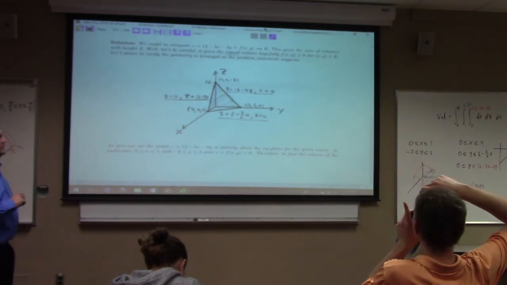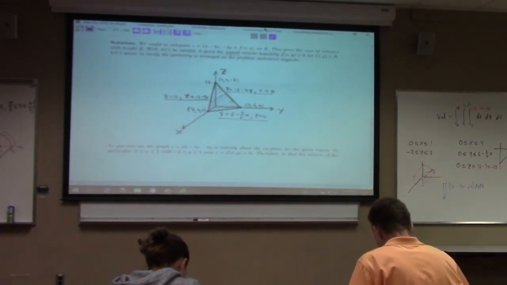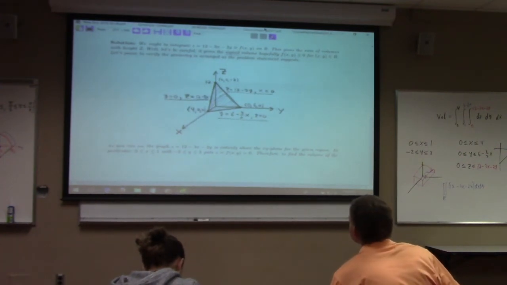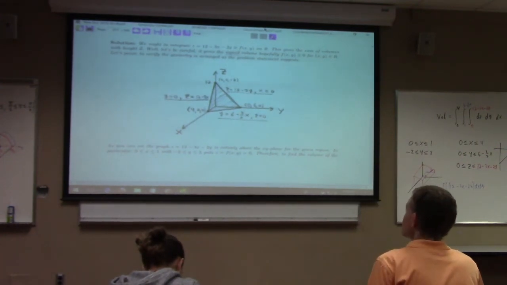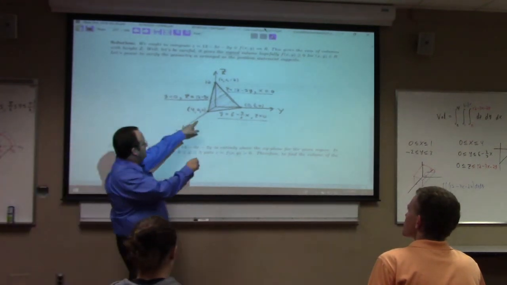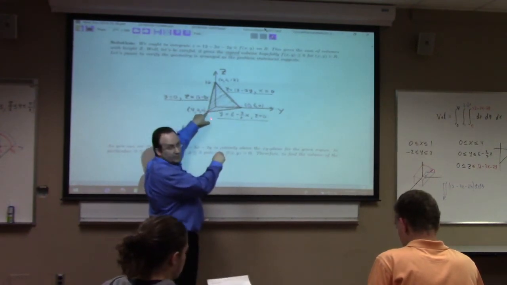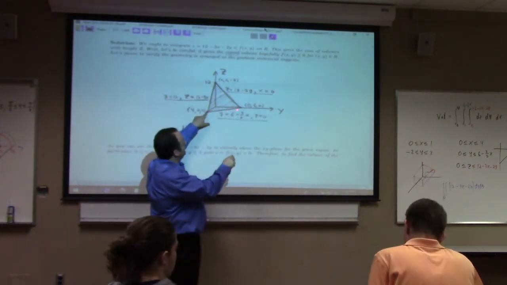In this picture, you can see how to set up different, like we actually looked at how to set it up 6 different ways. So those are integrating in that direction. The point is, this is the largest x ever gets, (4, 0, 0), so that's why x goes from 0 to 4. Let's see here.